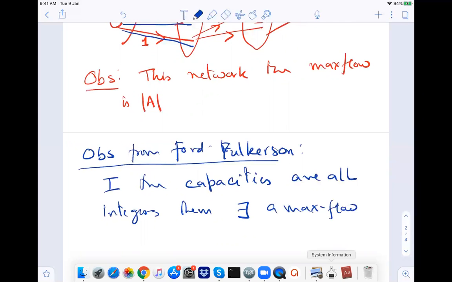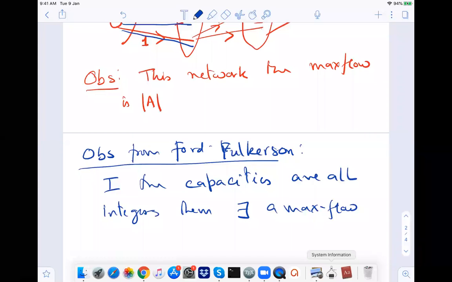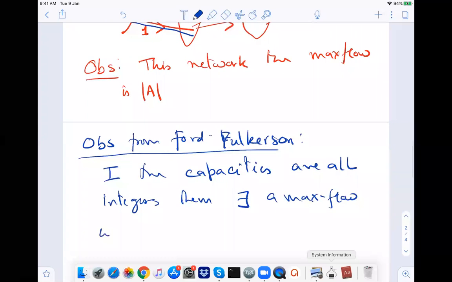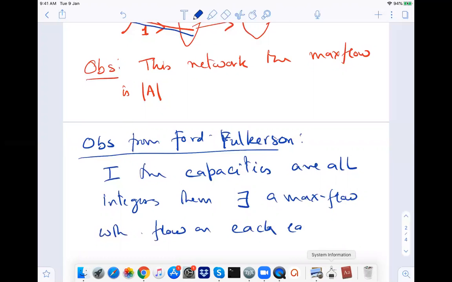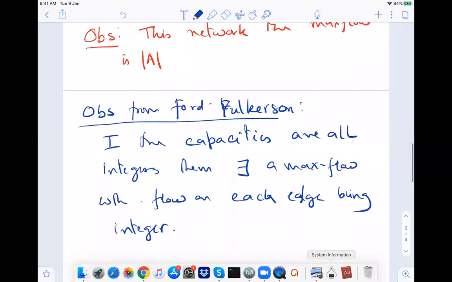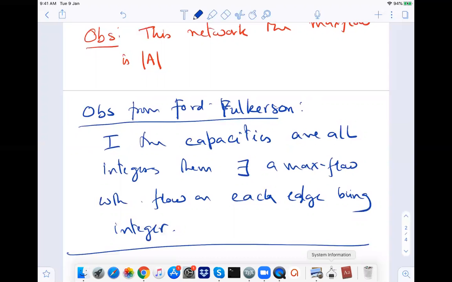See, I have written there exists, not for all, okay? I am not going to say too much about it, but if you want to think about it, it should follow automatically. If you understand the proof of Ford-Fulkerson, this theorem should come out naturally.